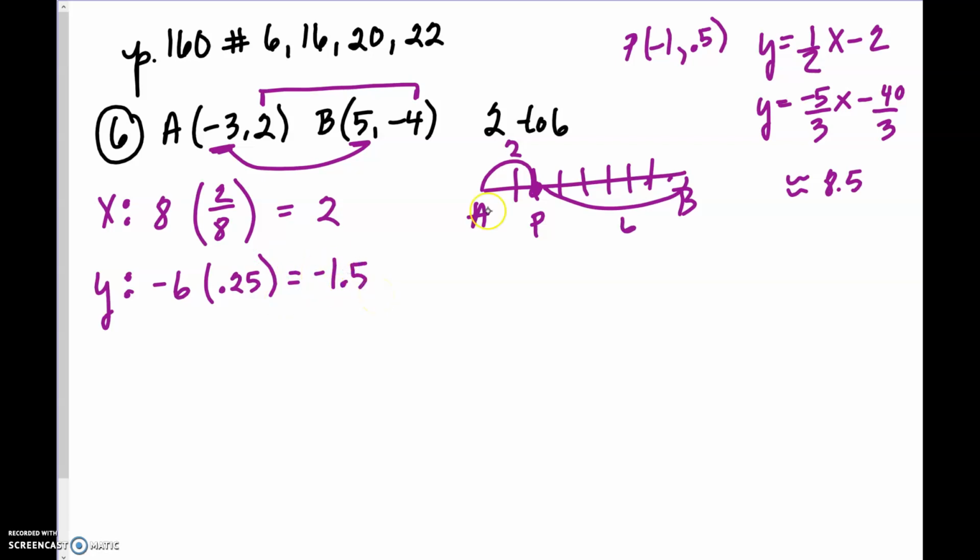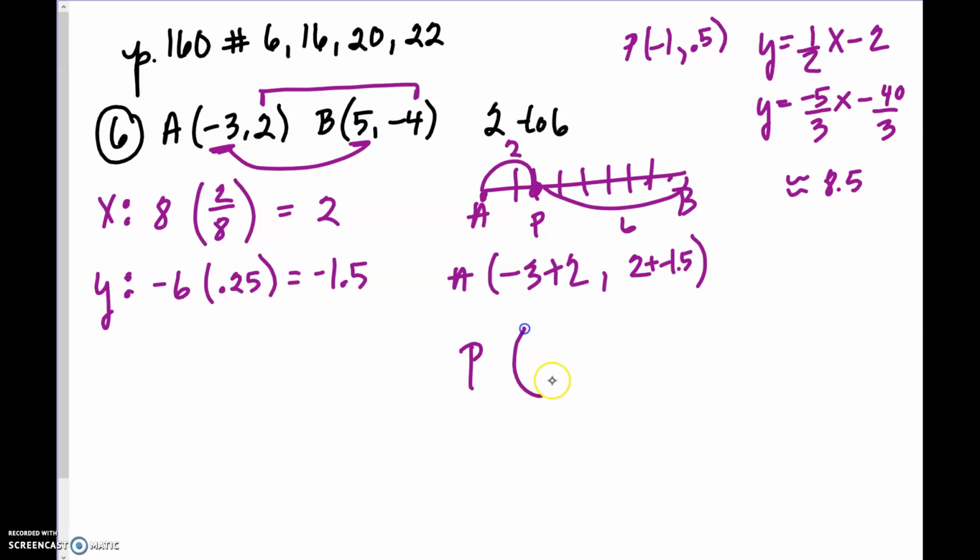So I started at point A and went 2 out of the total 8. I have to start from my point A, -3, 2, and I need to add on to it this x value of +2, and I need to add on to it -1.5.